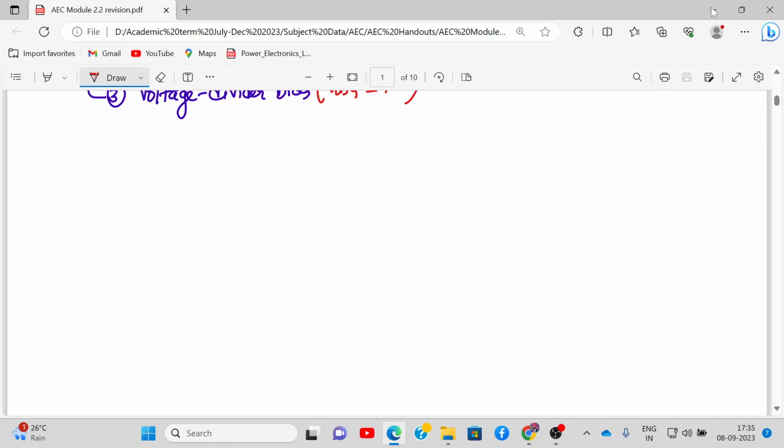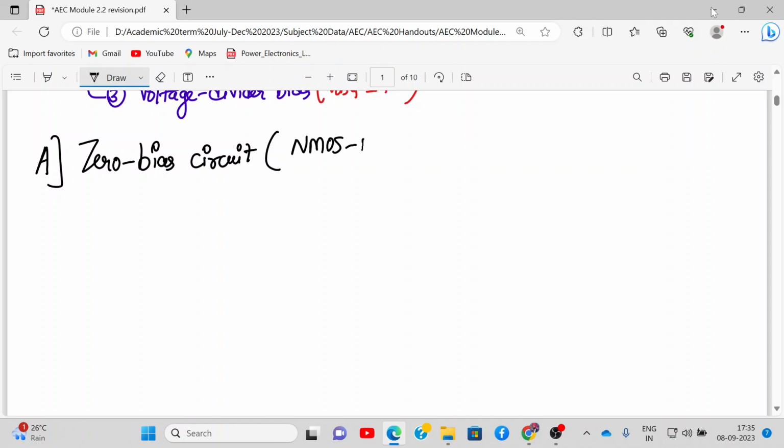I'll slow down. Let's start with the zero bias circuit. This is using NMOS depletion type, and it's very important to write that. The symbol is like this. You have to show the channel that is present.